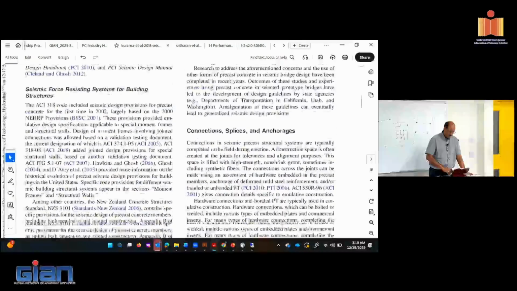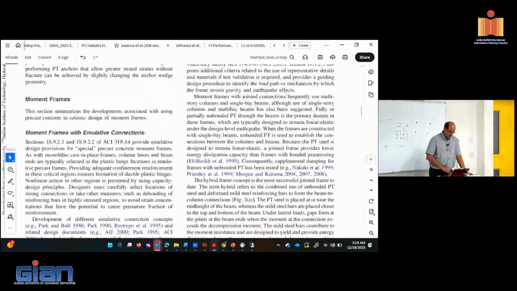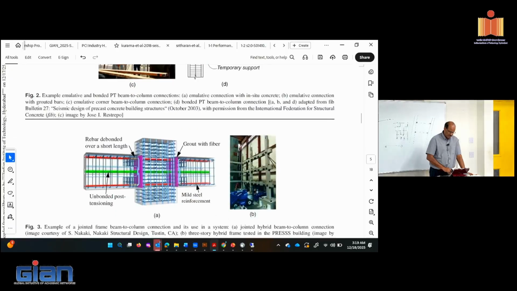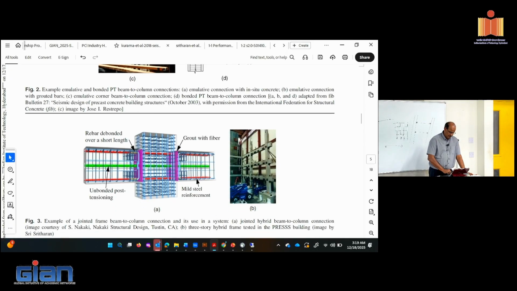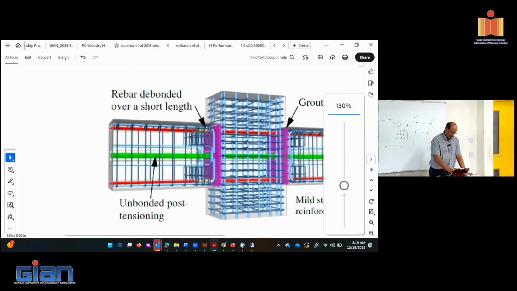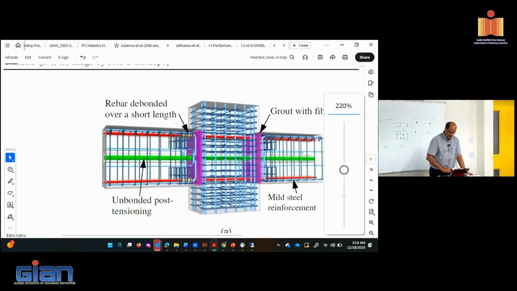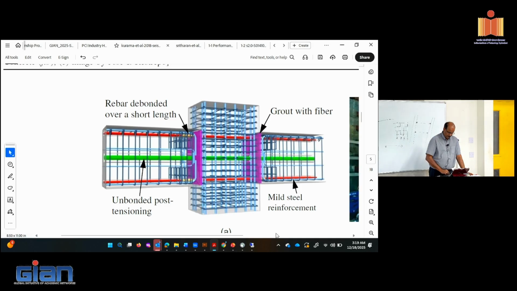So that's how it got started with the post-tension system, and here is one of the first systems that was studied, called the hybrid connection for beam-column joints. In the hybrid connection, the beam is precast, this beam is precast, and the column here is continuous, as you mentioned before.